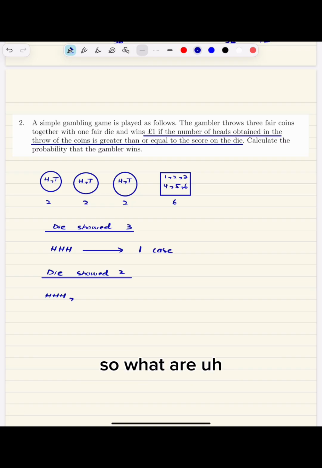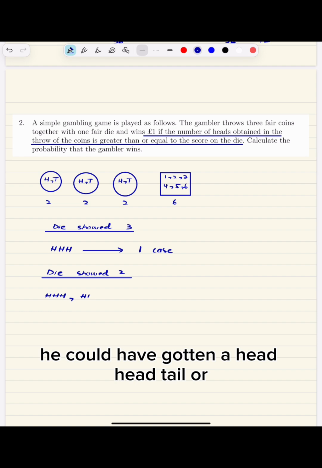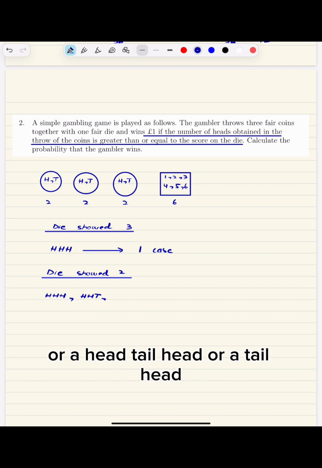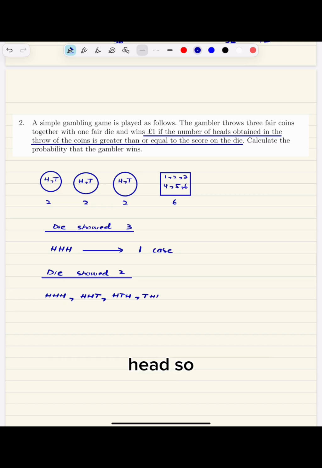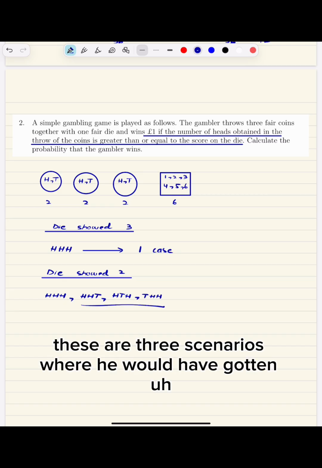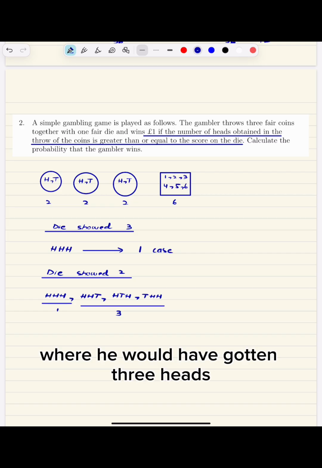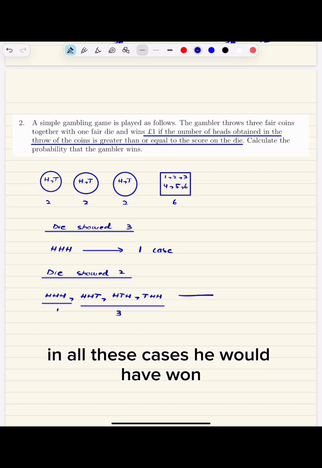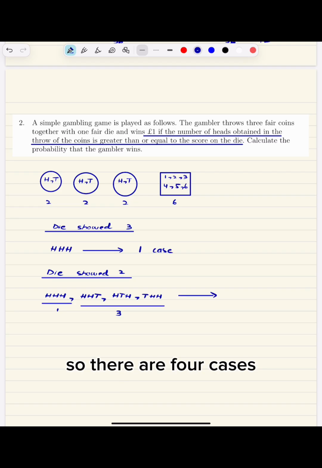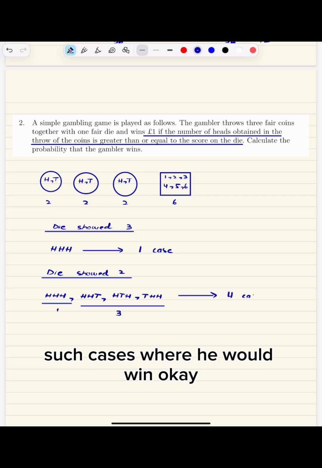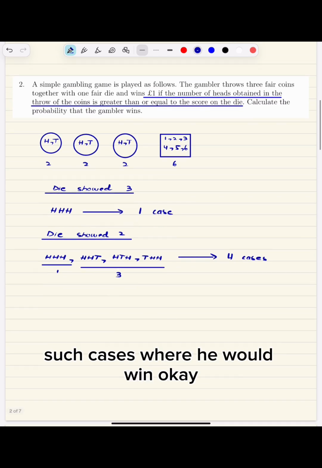He could have gotten a head, head, tail, or a head, tail, head, or a tail, head, head. So these are 3 scenarios where he would have gotten 2 heads. And this is one scenario where he would have gotten 3 heads. In all these cases, he would have won. So there are 4 such cases where he would win.